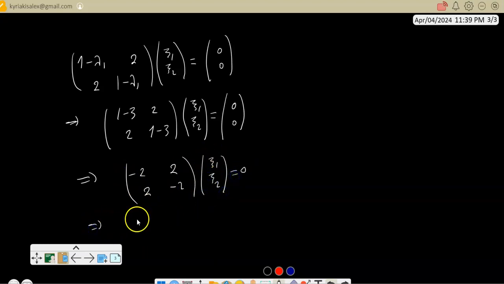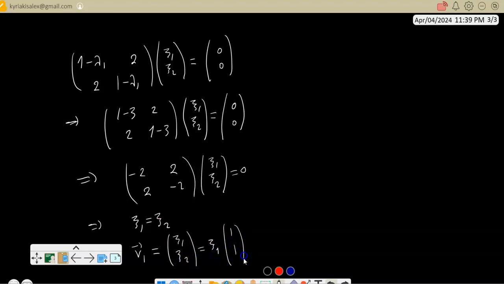From here what I obtain is that xi1 equals xi2. My eigenvector is xi1, xi2. Since xi1 is xi2, I can write it as xi1 times 1, 1. And if I put xi1 equal to 1, my eigenvector is 1, 1. So this is finding the first eigenvector.